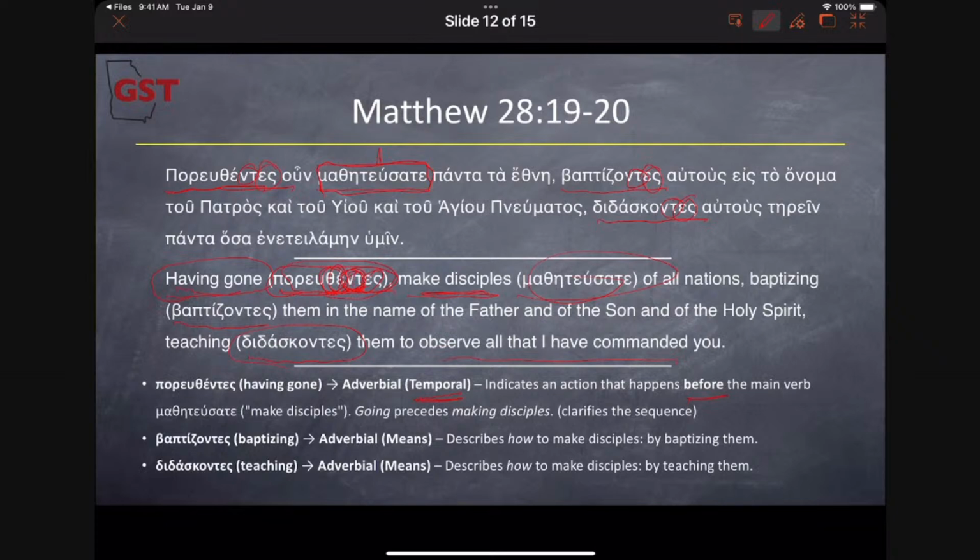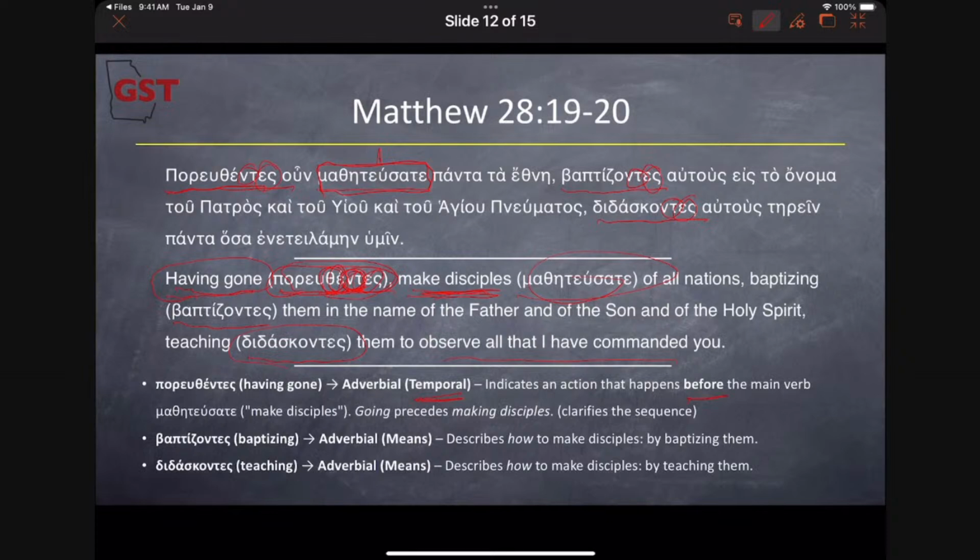So having gone, it comes before making disciples. As you think about it, you can't make disciples if you don't go. One must have gone in order to make disciples. One cannot sit in the pew in order to make disciples. That's not a possibility. The command is to make disciples. The time means that before you make disciples, you have to have gone.